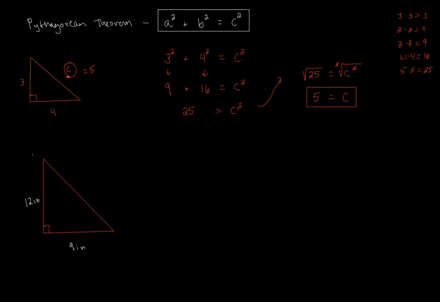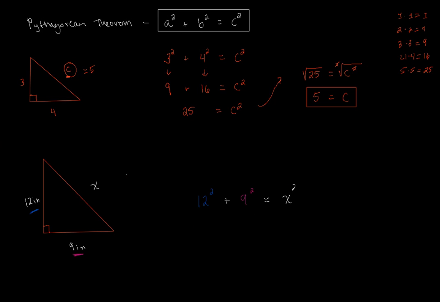We're going to take 12 and 9 and try to find the missing side, x. We plug it in just like before: 12 squared, added to 9 inches squared, should equal x squared.